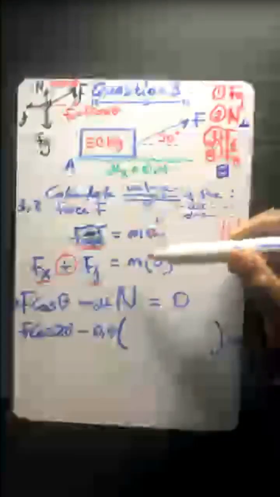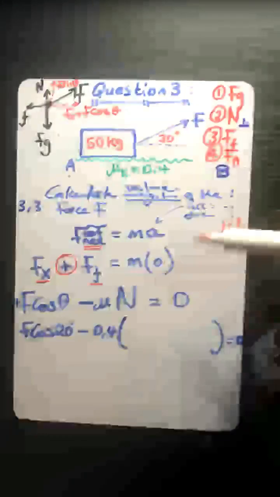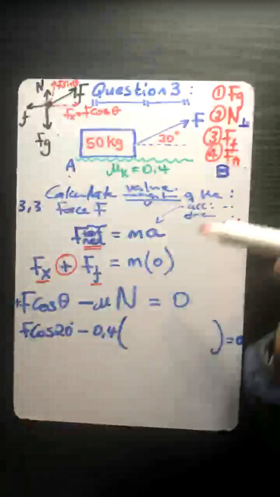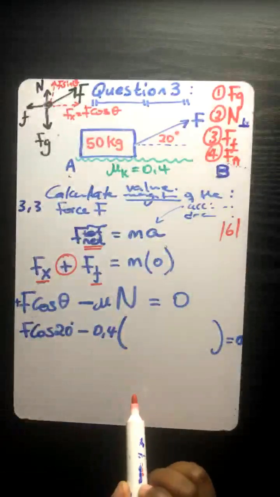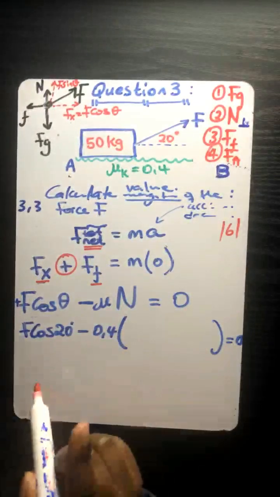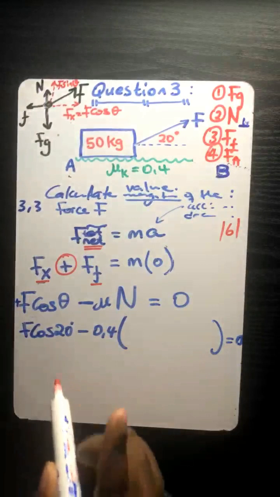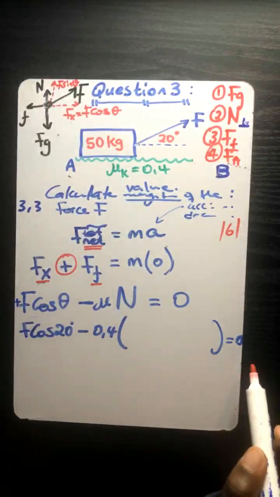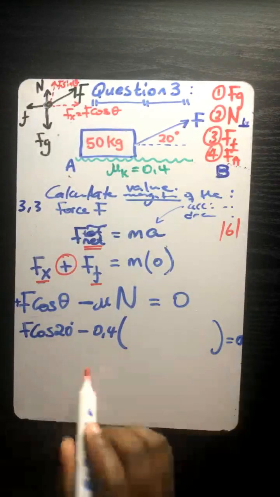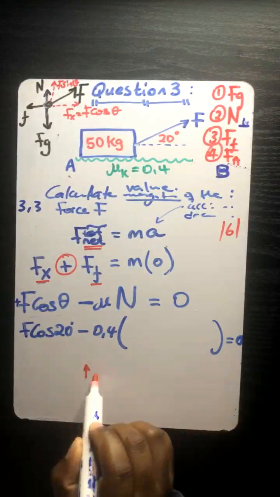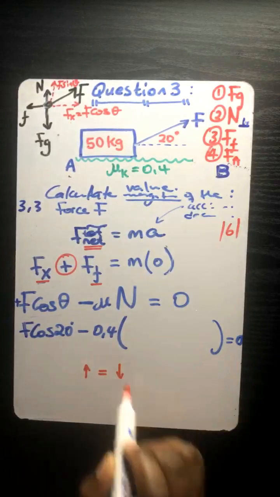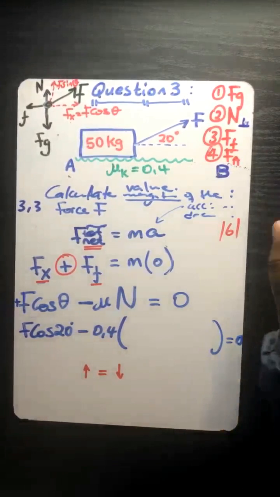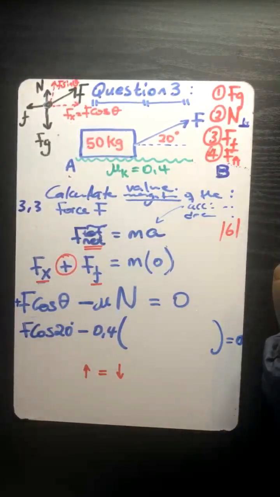So isn't there something that we know regarding N, honorable members? Do you not remember that we said the vertical forces are equal? They cancel each other out. So all the upward forces are equal to the downward forces. Do you guys understand this part?